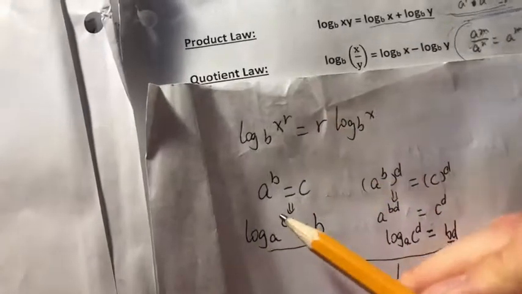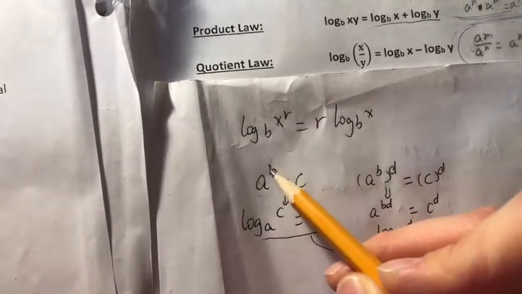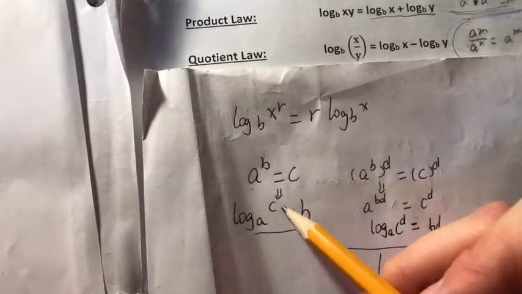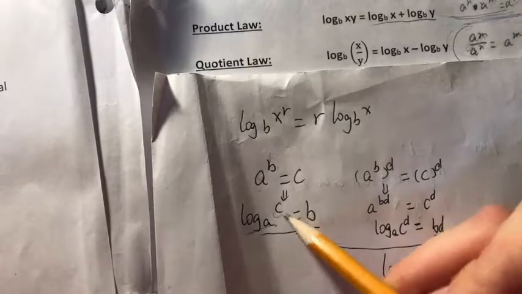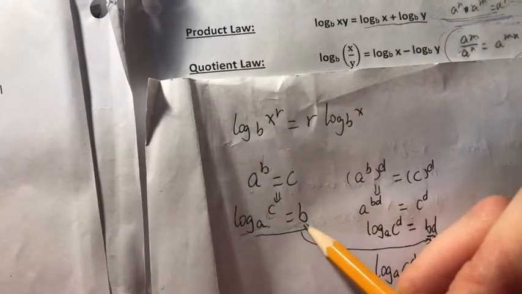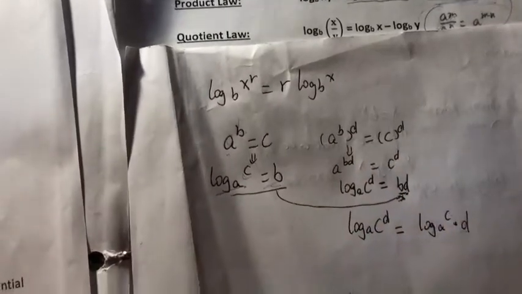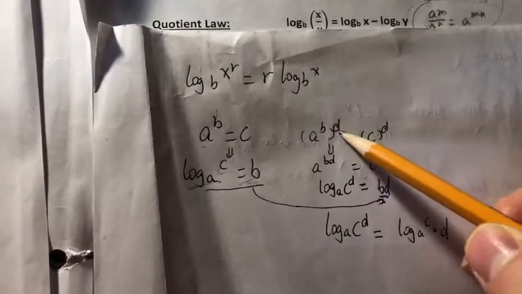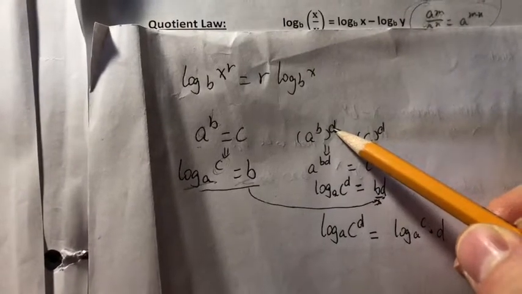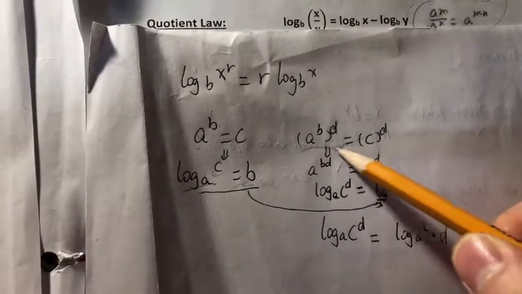So let's prove why it's like this. We find any scalar: a^b = c. If we use the log, we know the base and we know the final answer, and we're looking for the exponent. So if we turn this function around and also multiply by the same exponent d, it's going to be the same value, right?